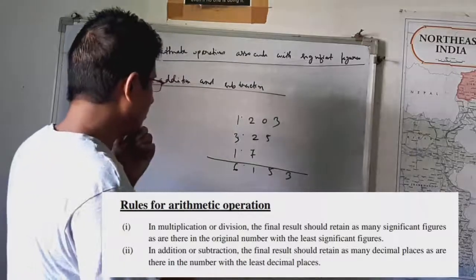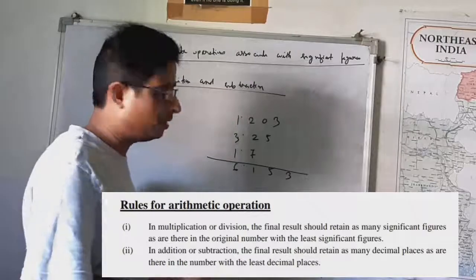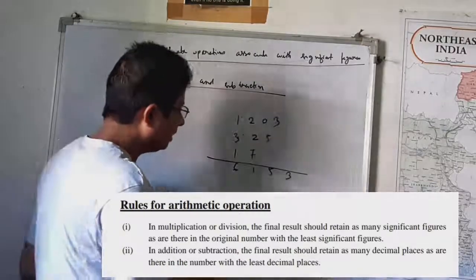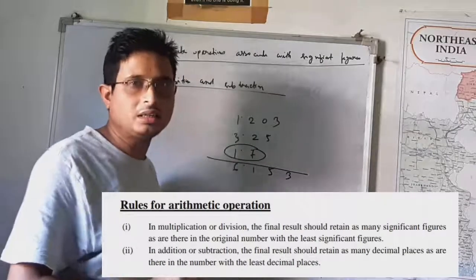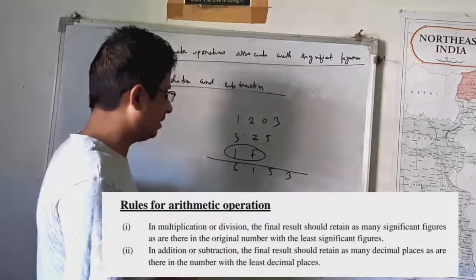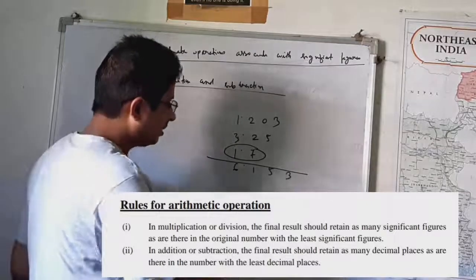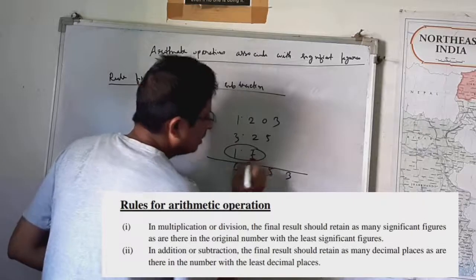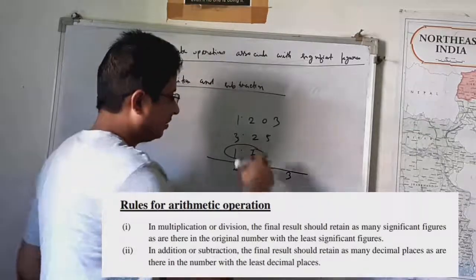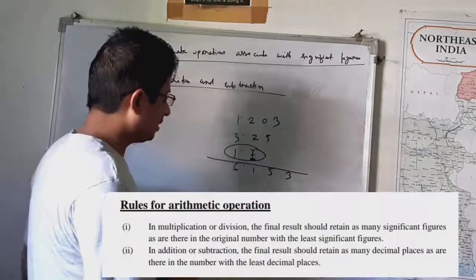If I add all this, then we get 6.153. But if you observe carefully, this data has only two significant figures after the decimal. That means the precision of the measurement is applicable only up to this digit. After that, errors should be present.